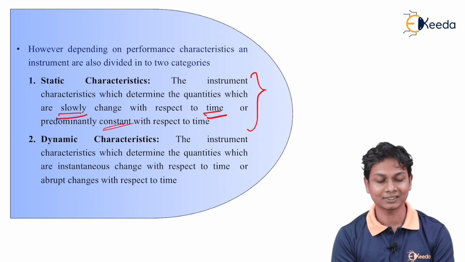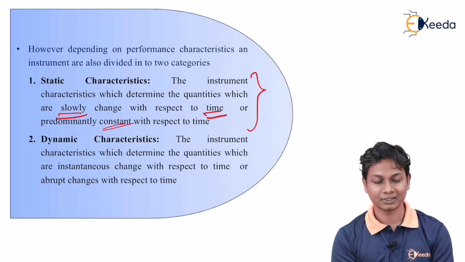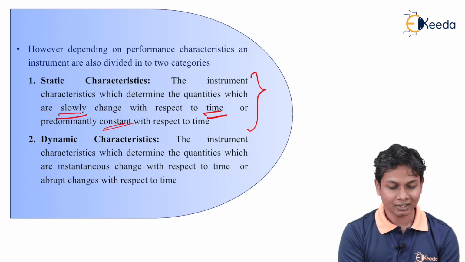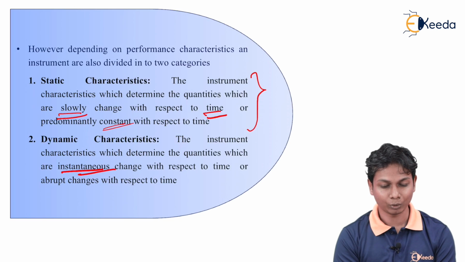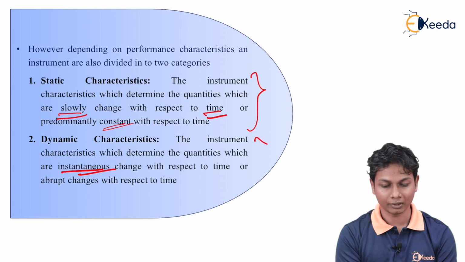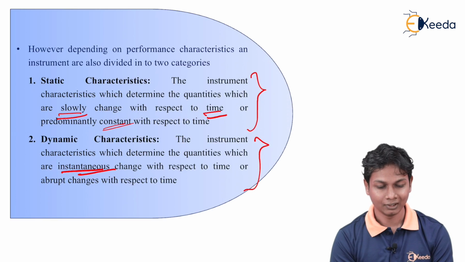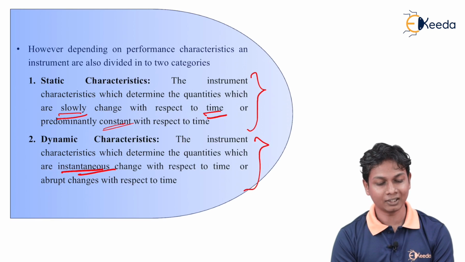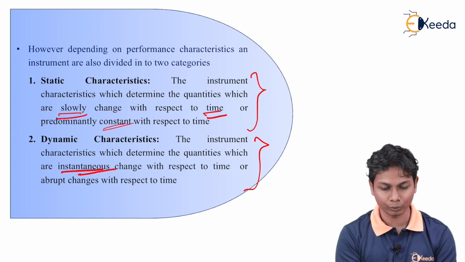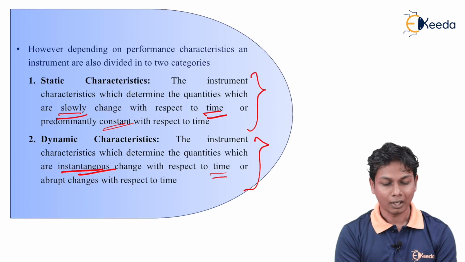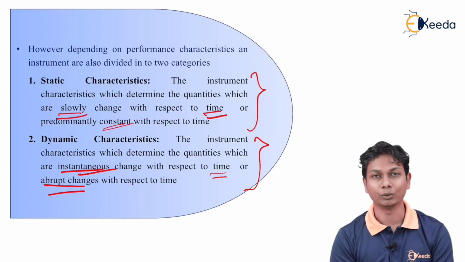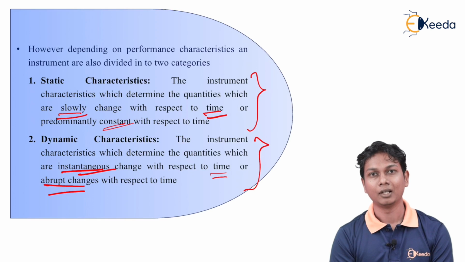There are other sensors which sense the value instantaneously with respect to time. The instrument characteristics that determine quantities which change instantaneously or abruptly with respect to time are the dynamic characteristics.